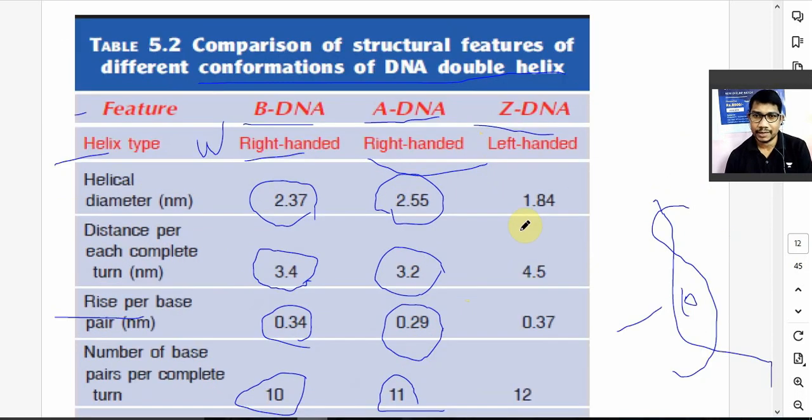In case of ZDNA, the diameter of the helical structure is 1.84 nanometer, or you can say 18 angstrom.